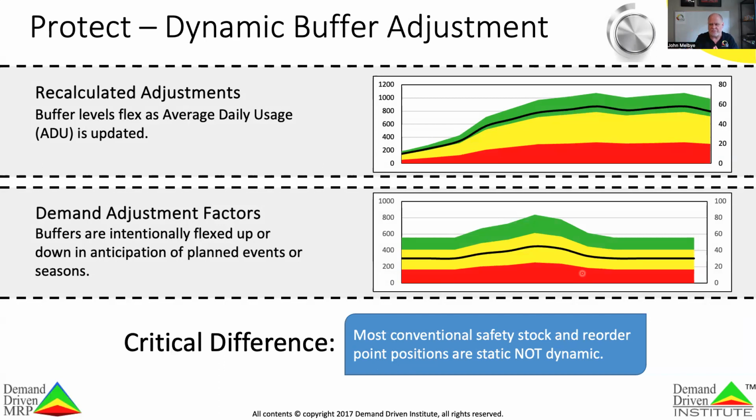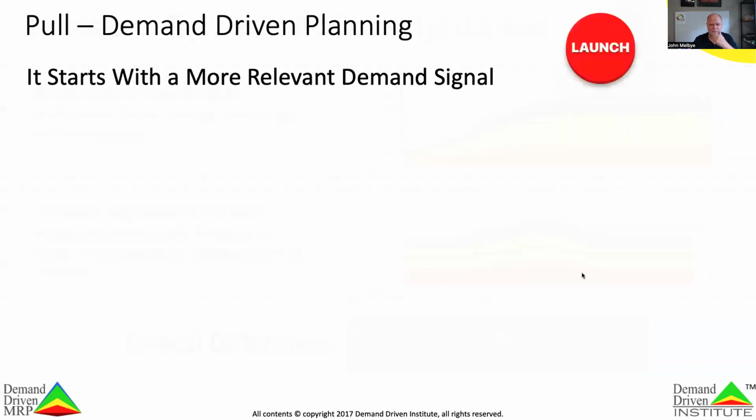Total panic, we have to have these parts right now, and it forces you to expedite unless you manually do a kind of self-intervention and say, well, I don't need to expedite. But that's outside the system again. We're adjusting and adapting from this complex system that's called traditional MRP. We take that information and then we have to do all kinds of work to figure out what we really need to do. And that hasn't changed since the beginning of MRP.